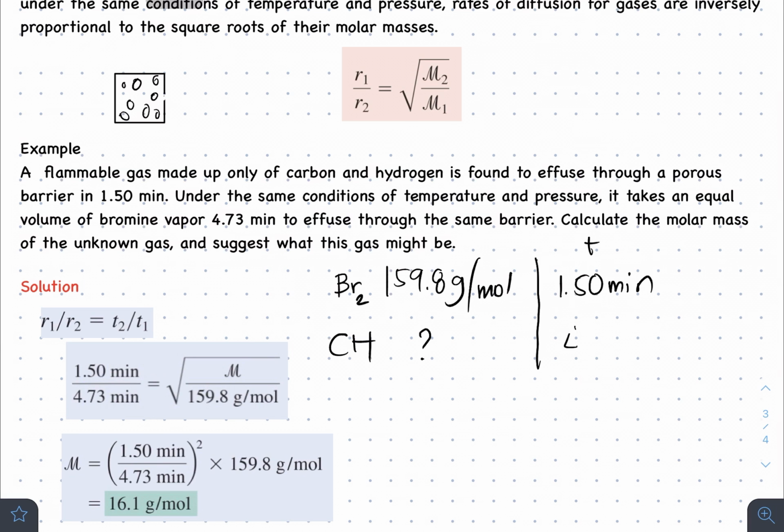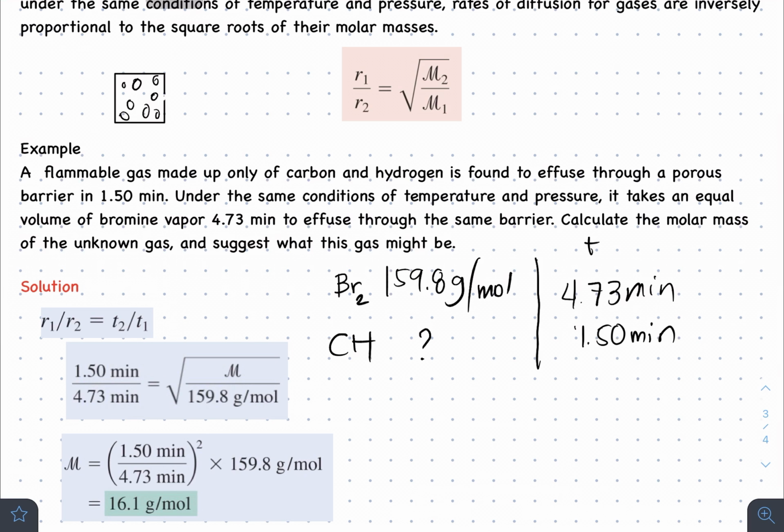The bromine vapor took 4.73 minutes to escape the compartment.